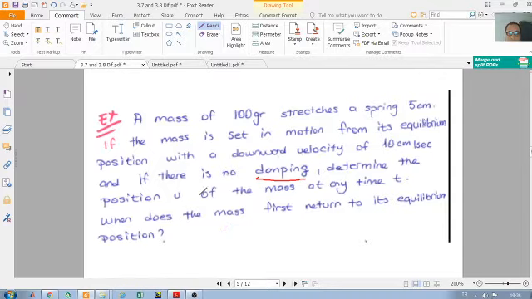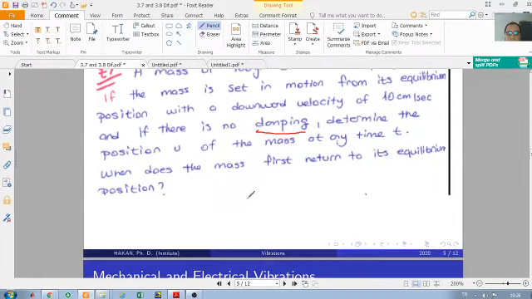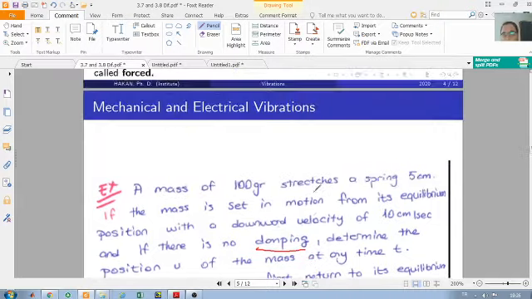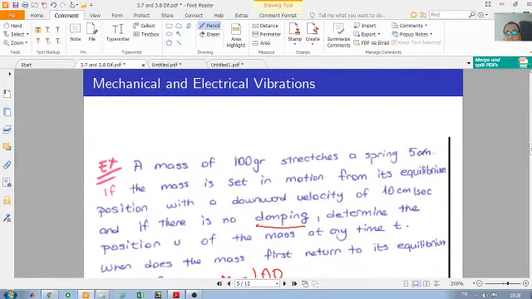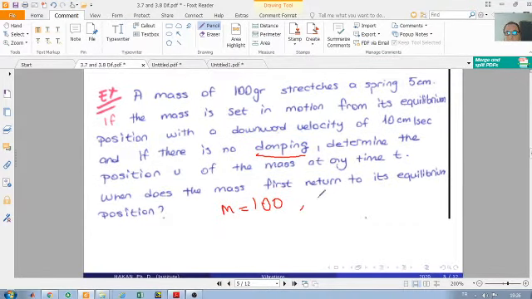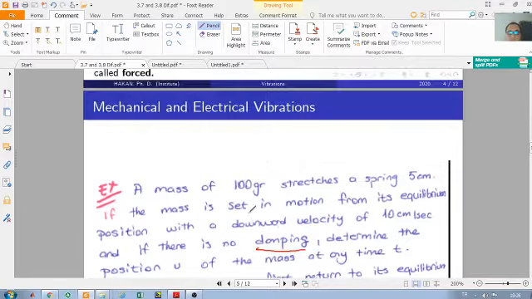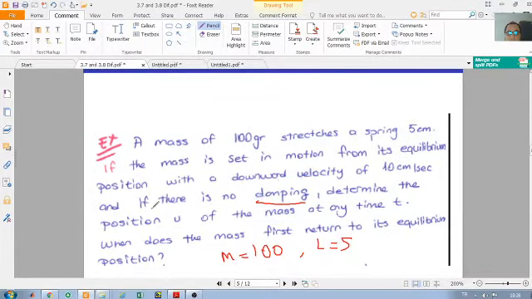So you know the value of the mass, m is equal to 100, and it stretches a spring 5 centimeters, which is written as bigger L is equal to 5 centimeters, and there is no damping.